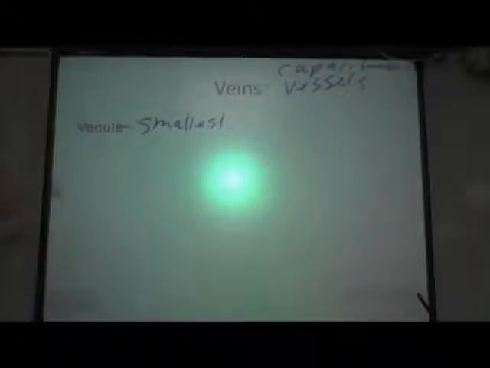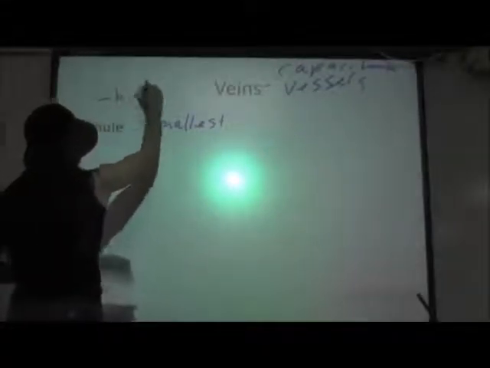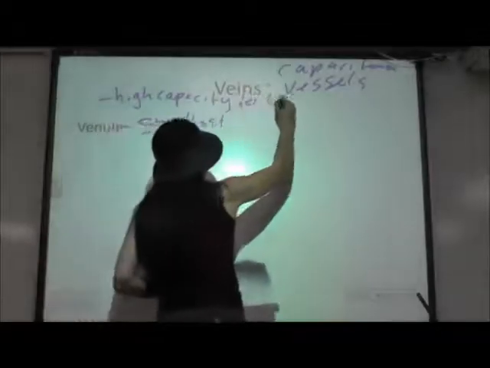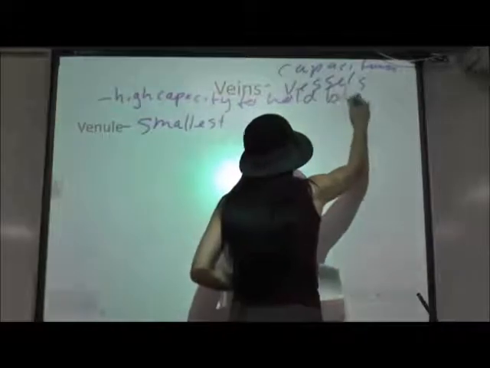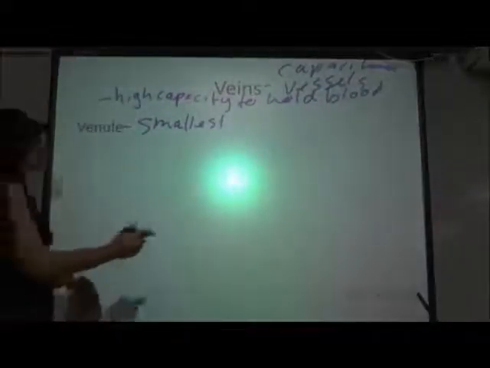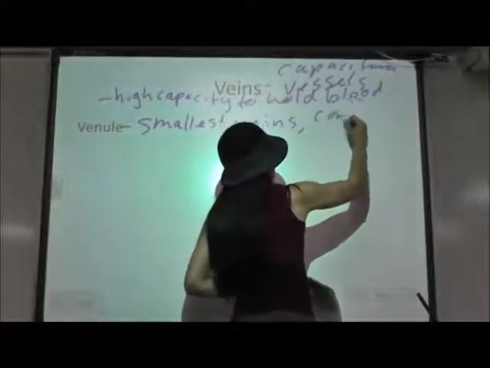So 55 to 60% of your blood is held in veins. Our smallest veins are called venules, and they conduct blood away from a capillary bed.